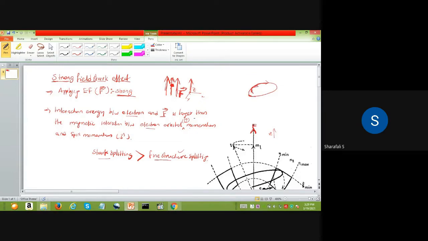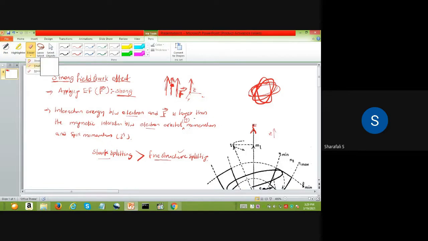It will not become a closed path. Instead, it will choose another path and go like this. It will take another path again because of that external electric field.